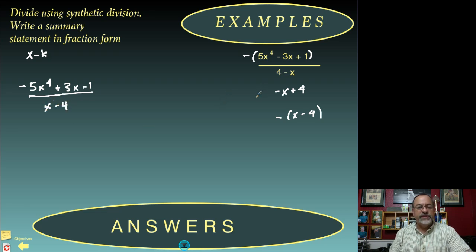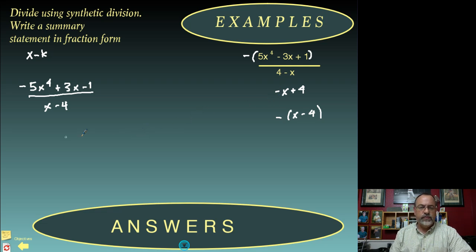So whenever you have a situation where your linear factor has a negative sign in front, you can change the expression without changing the value of the expression by taking the negative sign out of the denominator and moving it into the numerator, because you remember in a division problem, if one of the values is negative, or in a fraction, if the fraction is negative, either the numerator is negative or the denominator is negative. It doesn't matter which one, so you can take it out and put it in the numerator without changing the value.